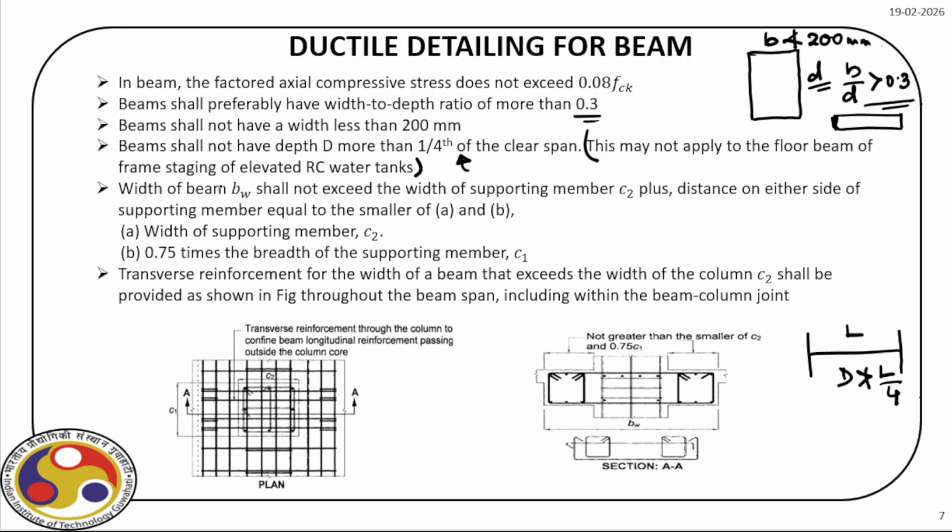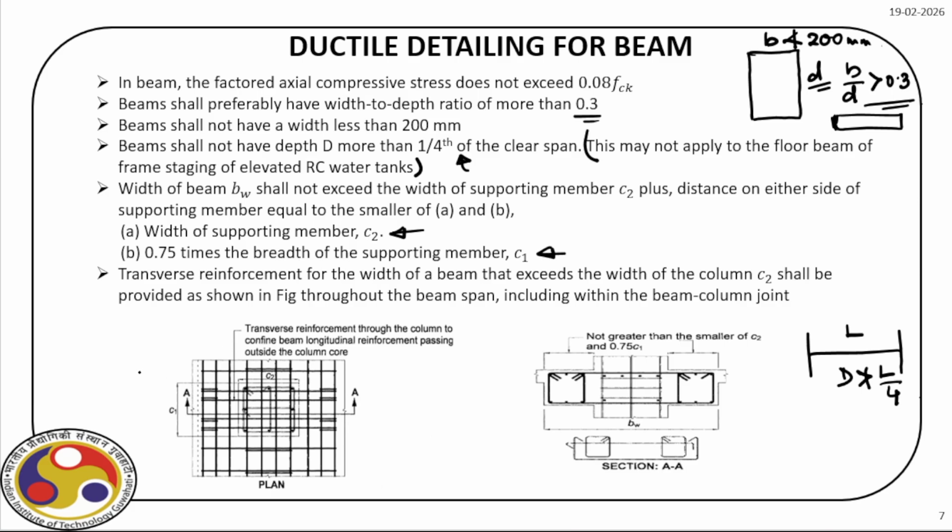Then width of beam BW shall not exceed the width of supporting member C2 plus distance on either side of the supporting member equal to the smaller of A and B. What is that? Width of the supporting member C2 or 0.75 times the breadth of the supporting member C1, right?